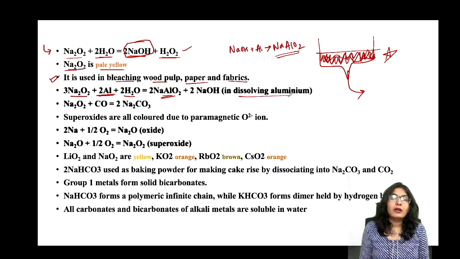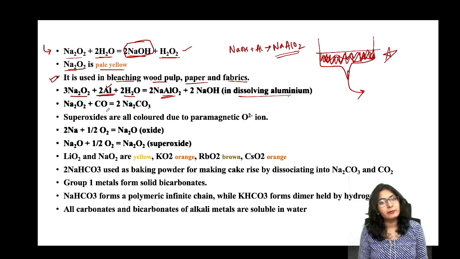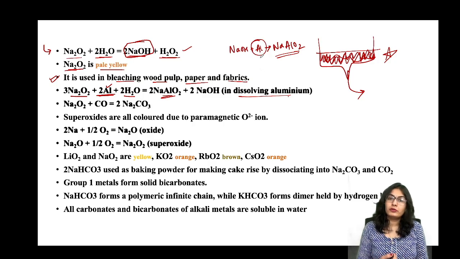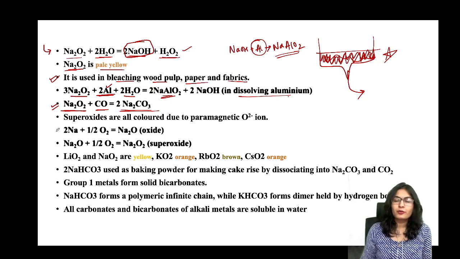Okay, now one more thing, why is aluminium able to do this and not the other metals or other elements? Because aluminium is amphoteric in nature, it can react with both acid as well as base. Okay, next, Na2O2 plus CO gives you sodium carbonate. Very simple. So just remember these few reactions, and definitely there is a lot of scope to study more.